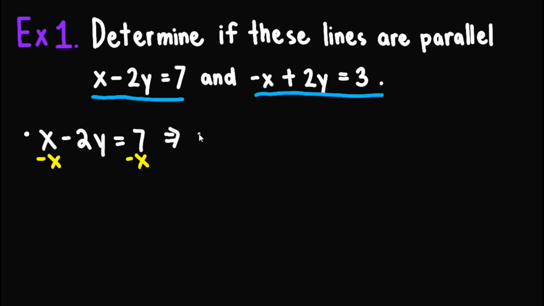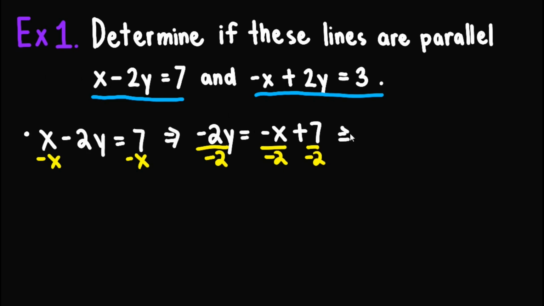This will give us negative 2y equals negative x plus 7. Then we divide by negative 2 on both sides of the equation to obtain y equals 1/2 x minus 7 over 2.